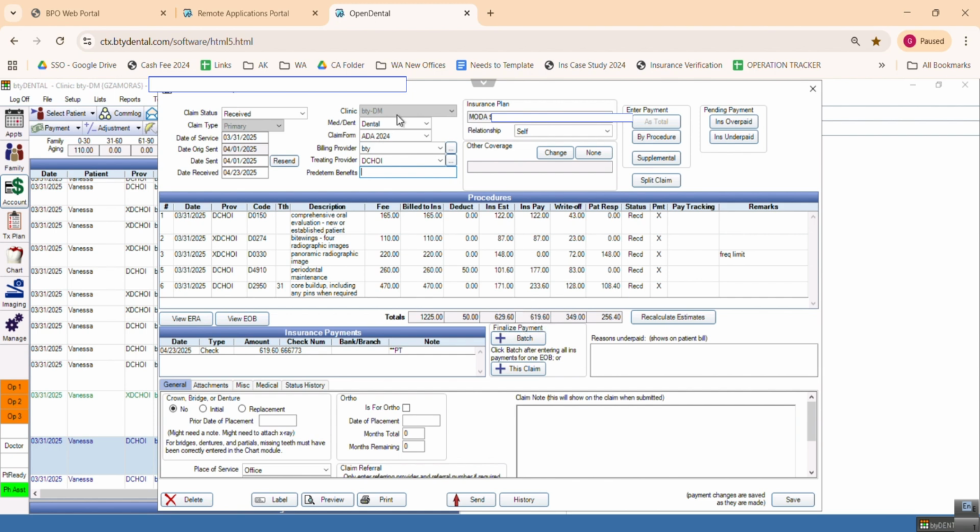That's out of the total claim amount, or total billed amount, of $1,225. So pretty much this is how to interpret the explanation of benefits.